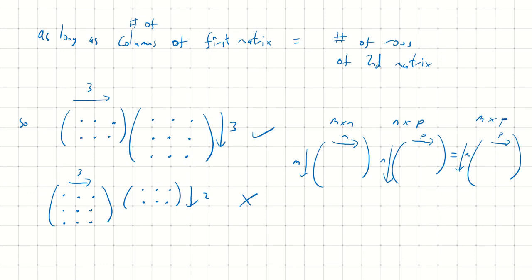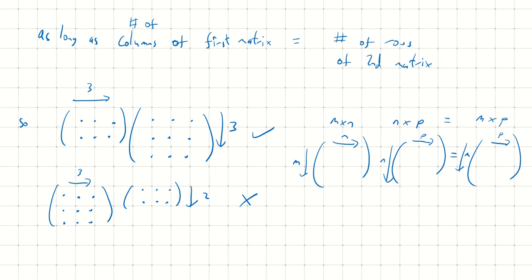So that's a useful idea to remember, because then we know what the dimensions or the size of our final matrix after a matrix multiplication will be. So let's do an example of this.